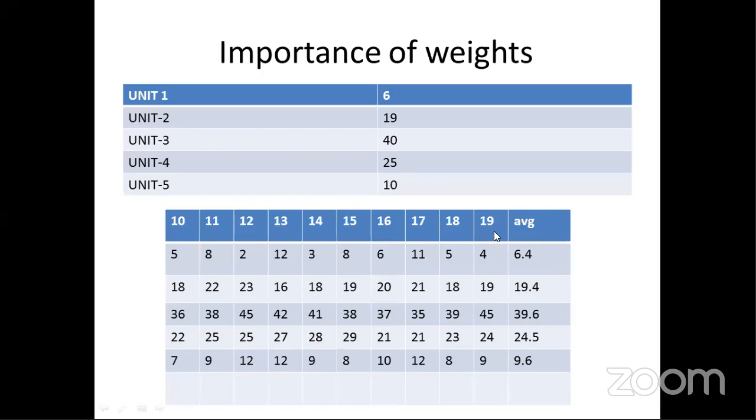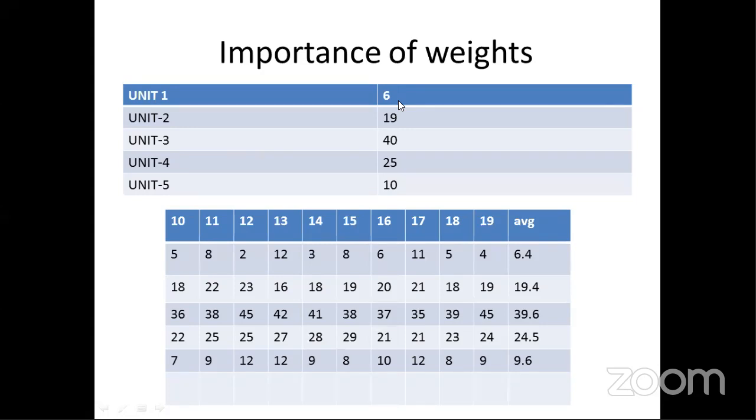In unit 1, in 2010 only 5 marks came. In 2011 only a question of 8 marks came. In 2012 only a question of 2 marks came. So from 2010 onwards I calculated how many marks from unit 1 are coming. The average came as 6.4, so I gave unit 1 a weight of 6.